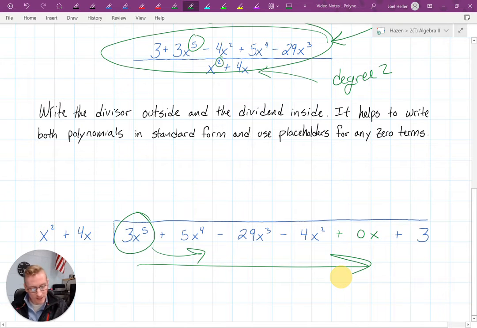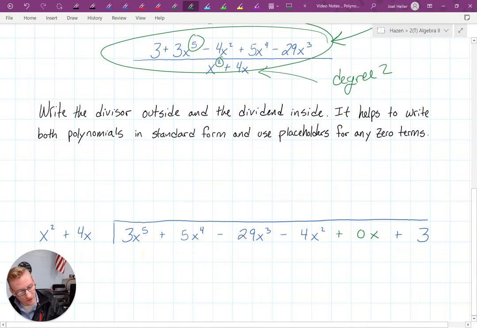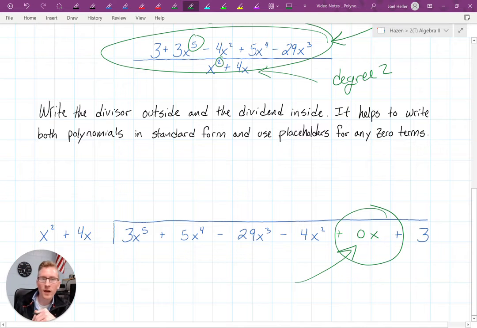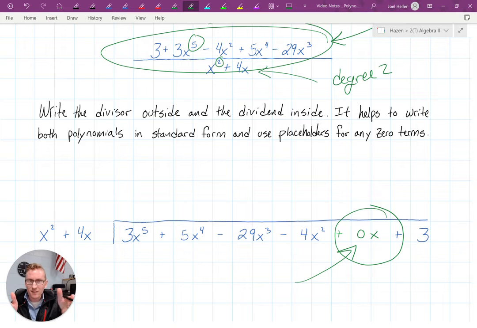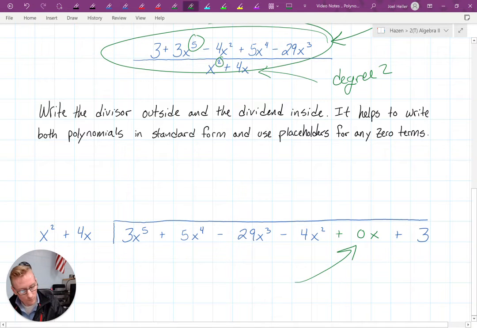The other thing that I did, which was interesting, is there is no x in my original equation, so I used a placeholder to write a 0x. Now, you don't have to do that. It's not absolutely necessary when you're doing this algorithm, but what it does is line up all of your variables so it's nice and easy when you're doing the division. I find it super helpful, and you can do it if you want.